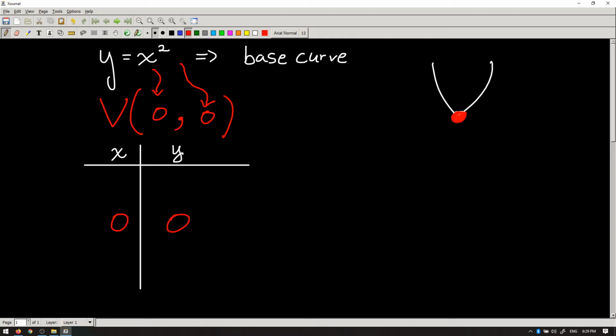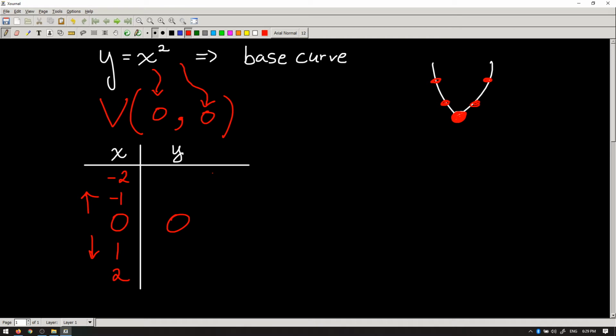Now, obviously, if I want to plot a parabola, I need way more points. I need more points on that actual function. So I'm going to go backward from 0, and I'm going to go forward from 0. To go backward from 0, I get -1, and I get -2. To go forward, I get 1, and I get 2.